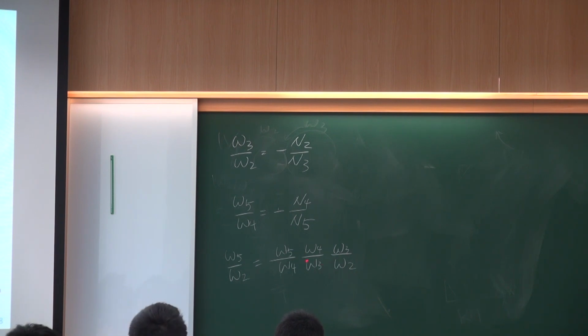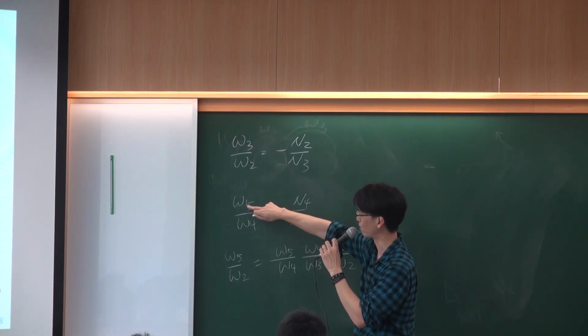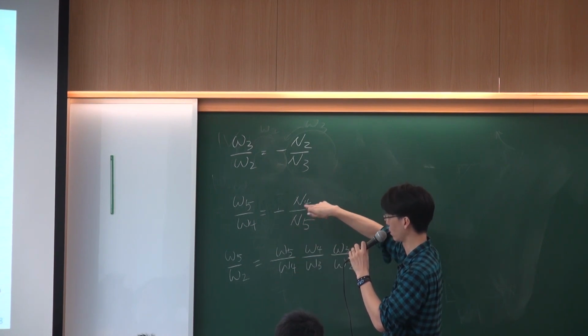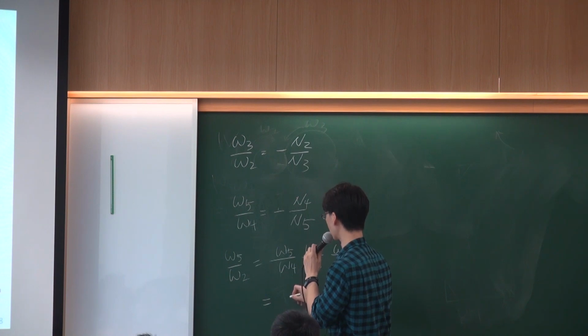You can see this form, I just add omega 3 and omega 4 into this expression. But these two and this one and this one are the same actually. Because we have some information about omega 5 over omega 4, I can just put our previous result into this equation.